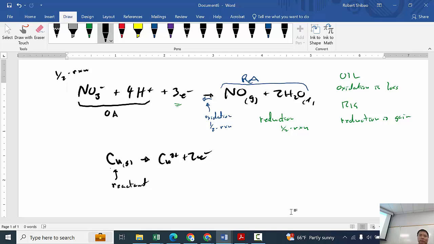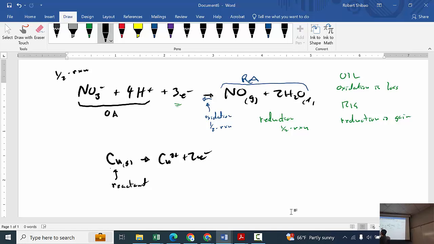Now, nitrate wants 3 electrons. However, copper only gives up 2 electrons. And so what we're going to need is more copper. So what if I double the copper? So I have twice as much copper. If I double the copper, then I'll just multiply by 2. 2 times 2 is 4, so I'll get 4. 4 is too many.